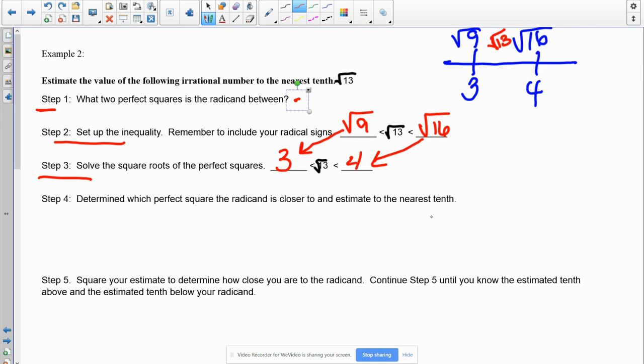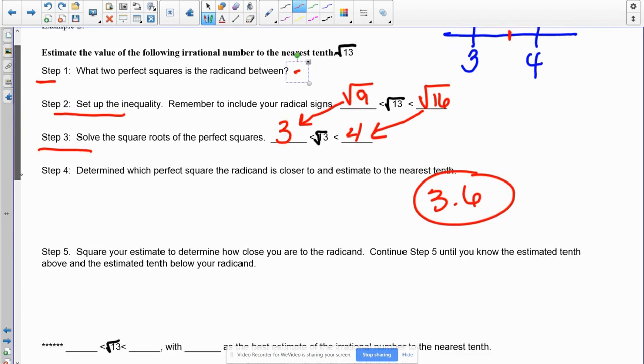So 3.6 is going to be my estimate. Again, if you pick 3.5, that's fine. If you pick 3.7, that's fine. I'm just going to guess 3.6 just because of how far off the square root of 13 is from the square root of 9 and the square root of 16. So we're going to pull this down.